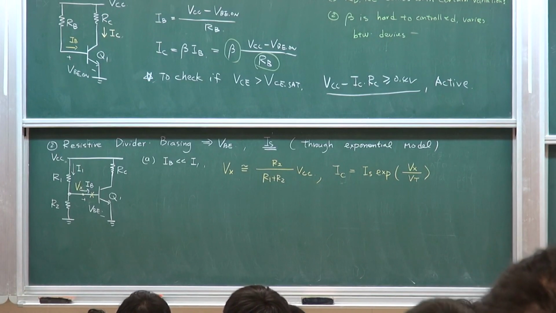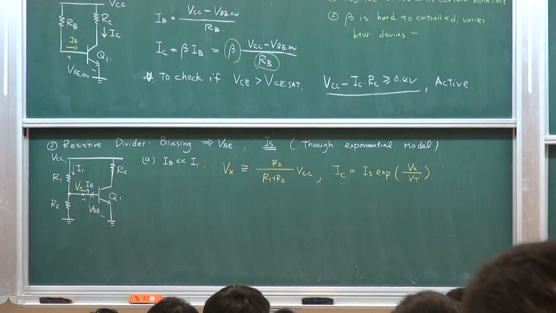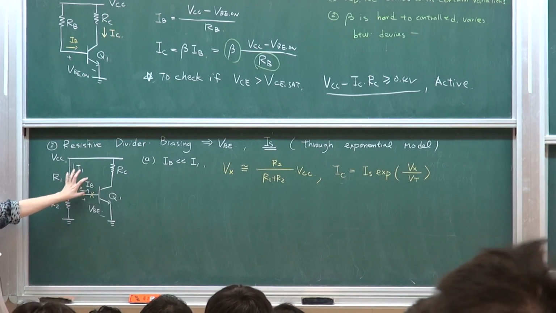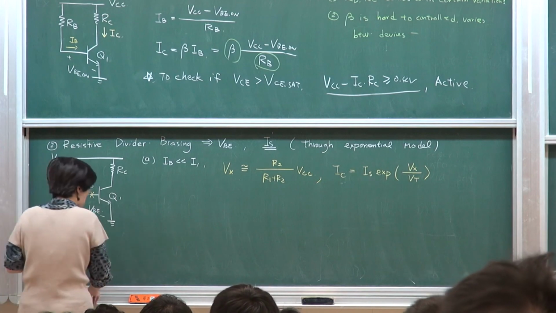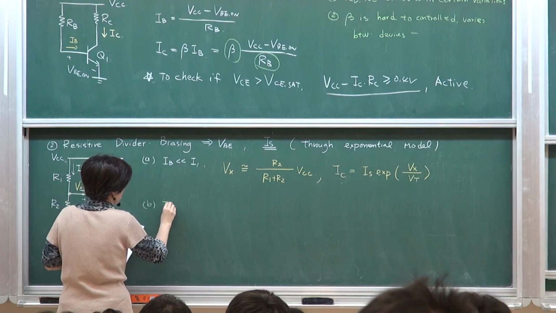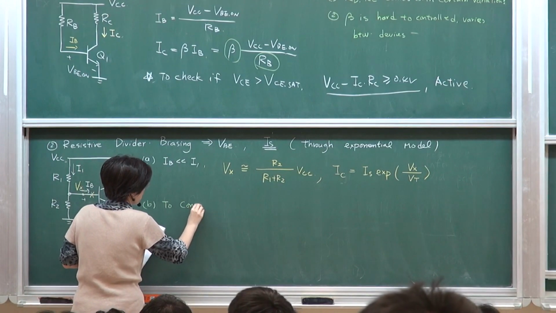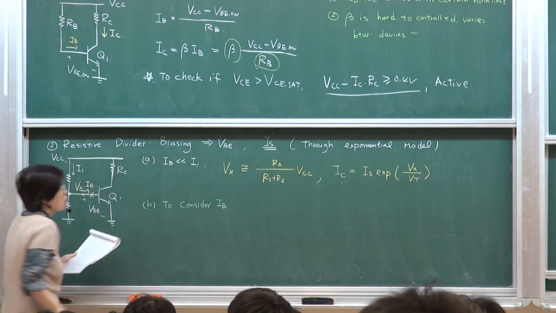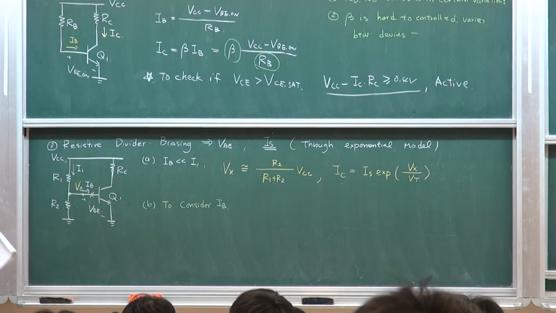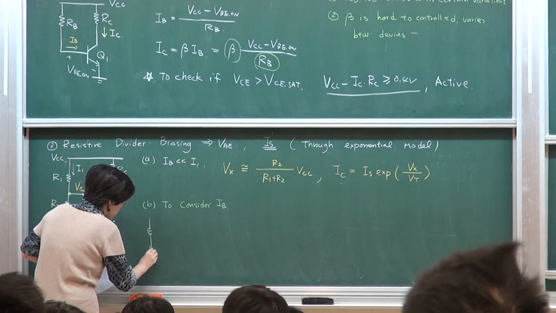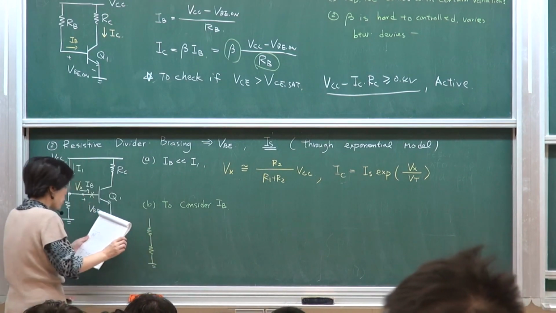If, for example, your resistor level is slightly high, for example R1, R2 is very high, then we cannot ignore this. This is not true. If you want to consider IB, you can actually do that. To consider the RB effect, what we actually do is use the Thevenin equivalent model that we introduced in the first class.